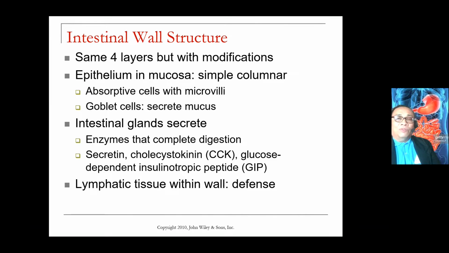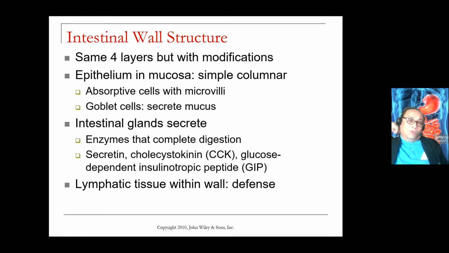Furthermore, extending the surface area of each villus would be the microvilli. There are also the so-called goblet cells that secrete mucus, and intestinal glands that secrete enzymes which complete digestion. Among them are secretin, cholecystokinin, and glucose-dependent insulinotropic peptides.